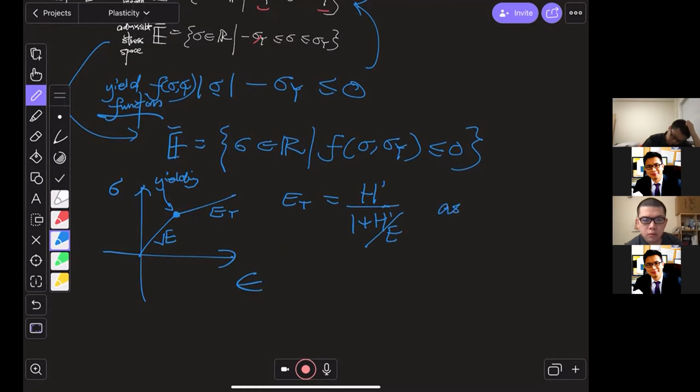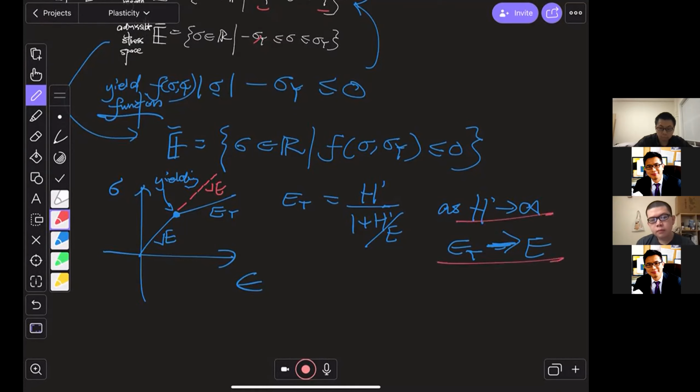One interesting thing is that as h prime becomes infinite, ET approaches E, which means that if the material can yield, but you have an infinite amount of hardening, you can just get the same curve as the initial E. You cannot get a tangential stiffness that is stiffer than the elastic modulus. You understand what I'm saying? Even if h equals infinity, you can just approach this.